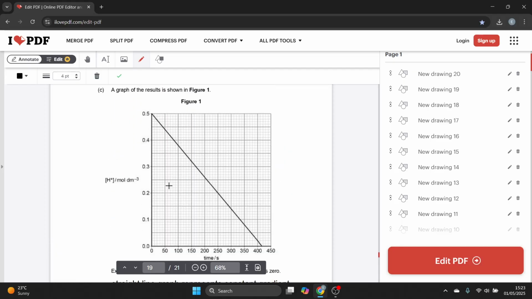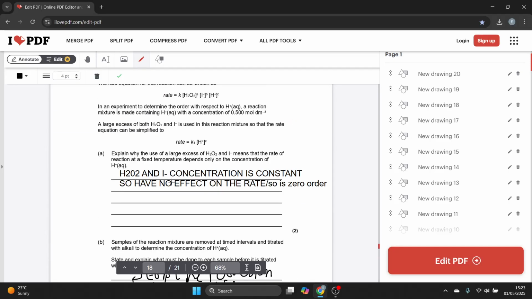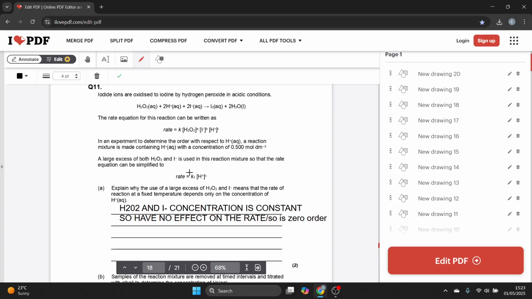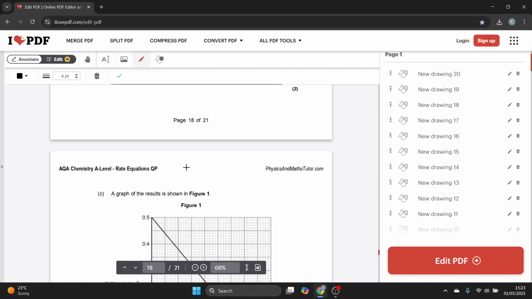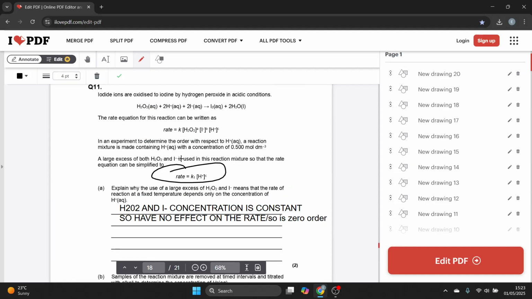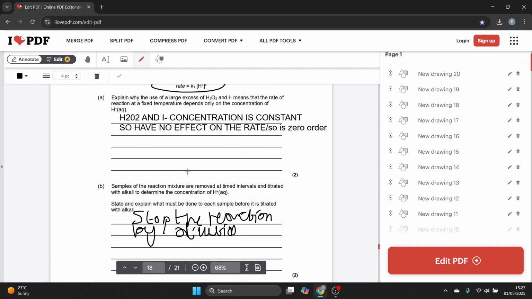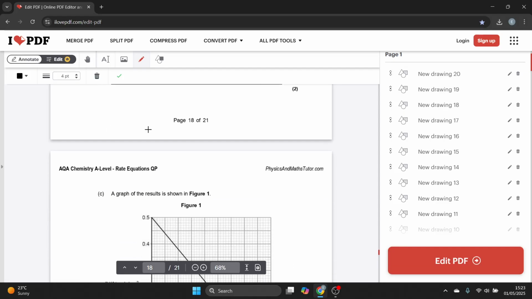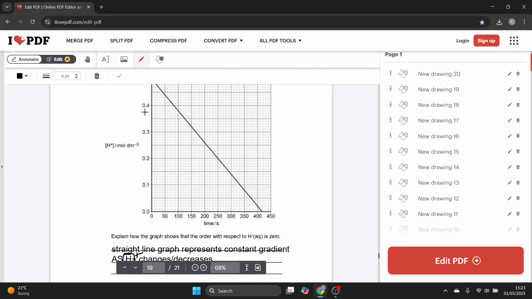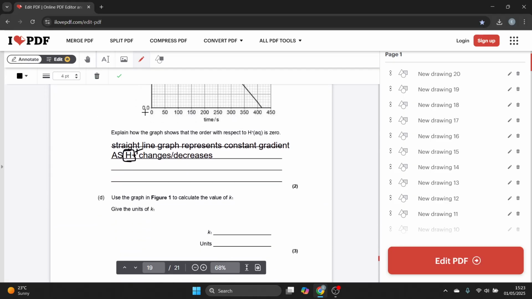Calculate the value of K1, give the answer K1. Well, what's K1 going to be? It tells me this, where H plus is that. So K1 is the rate. K1 is going to be the gradient, therefore. So you just find the gradient, delta y over delta x. You get K as 1.2 times 10 to the power minus 3.